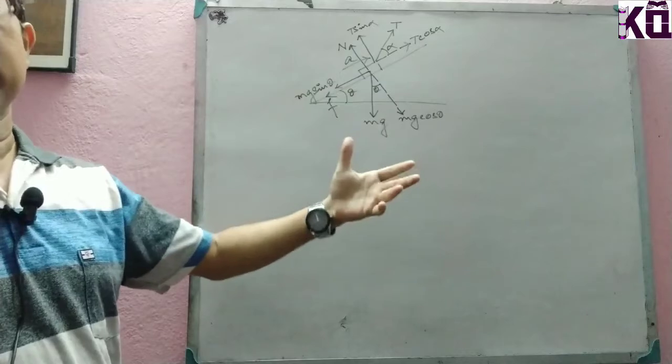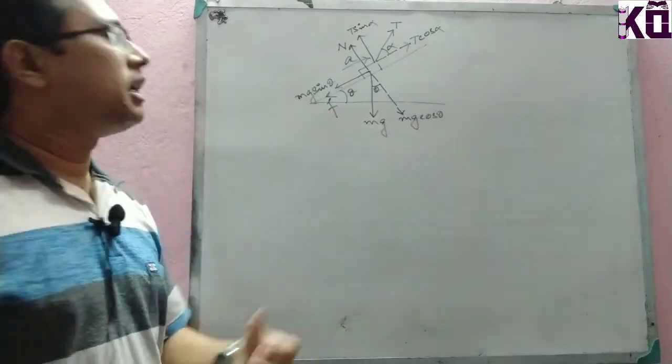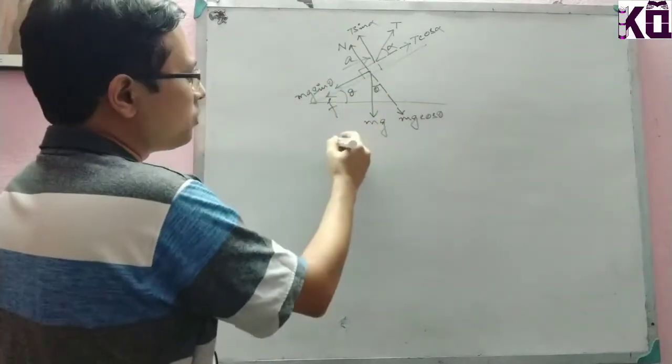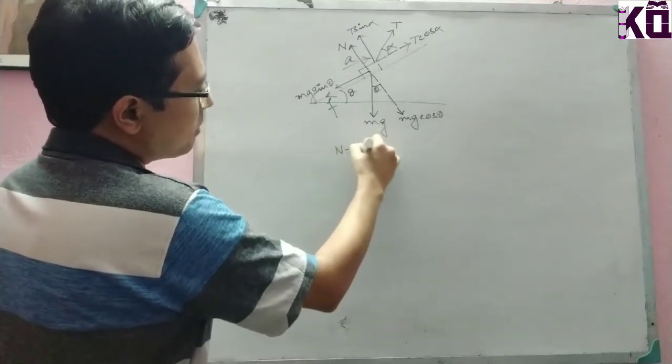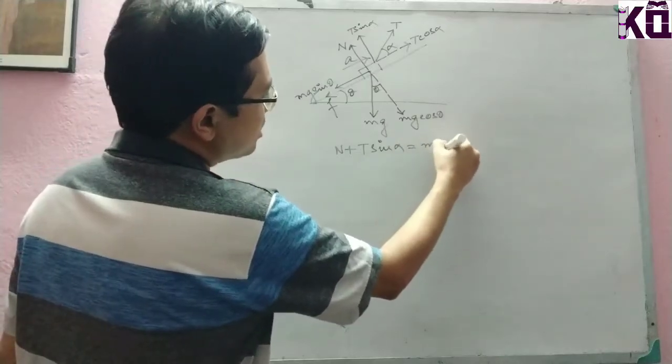So we have to make the arrangement of the equations, that is nothing else but Newton's equations we have to derive from this. In the normal direction, all the forces must be equal and opposite. So N plus T sin alpha must be equal to mg cos theta.